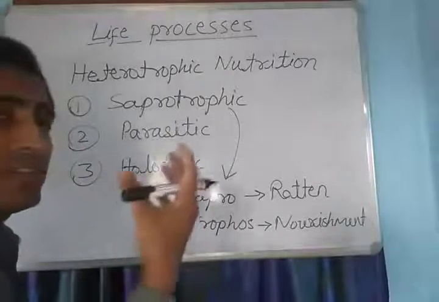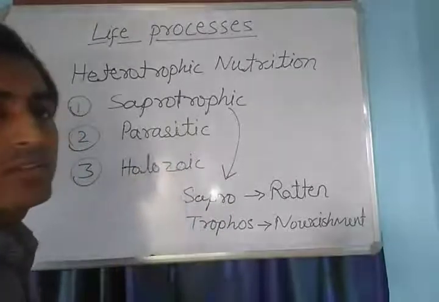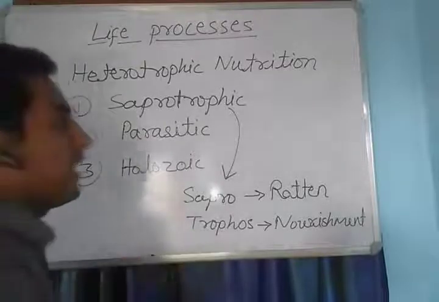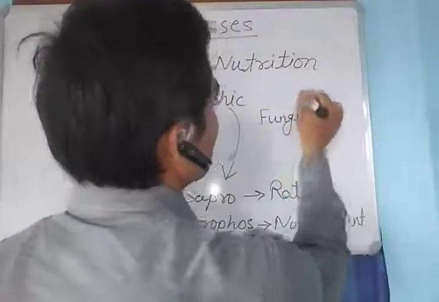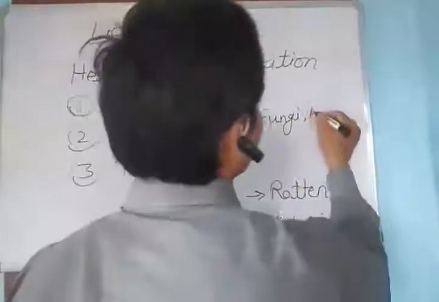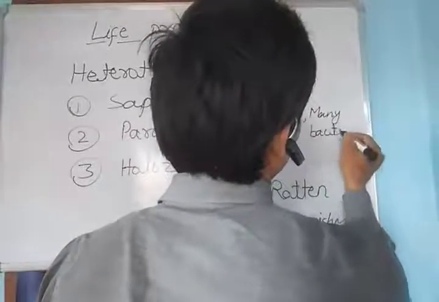Examples of saprotrophs are fungi, many bacteria, some plants, and some animals.